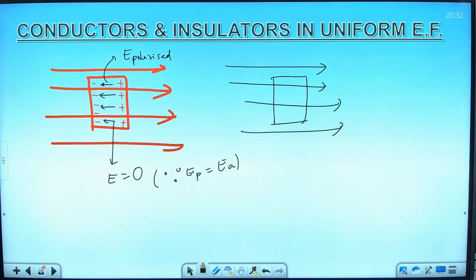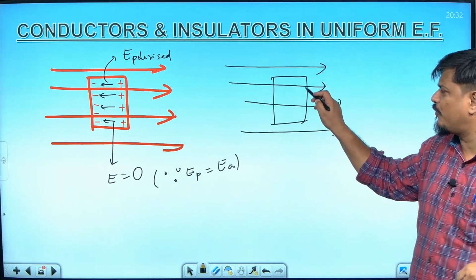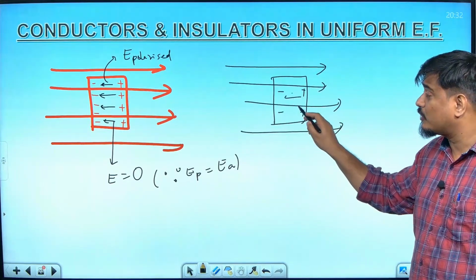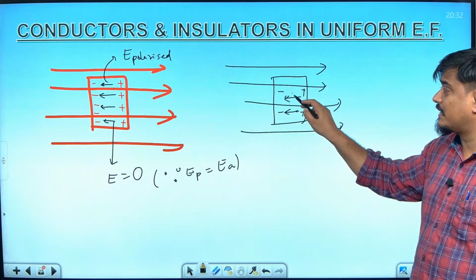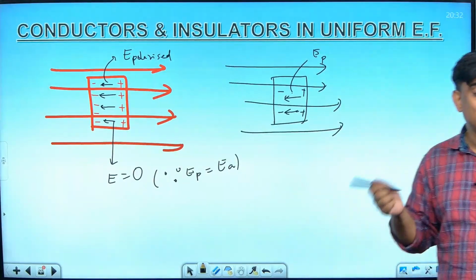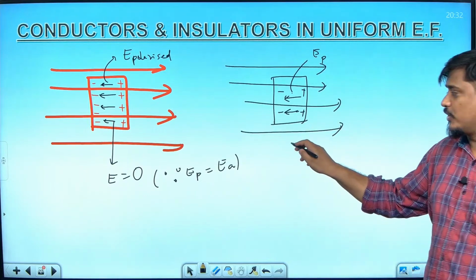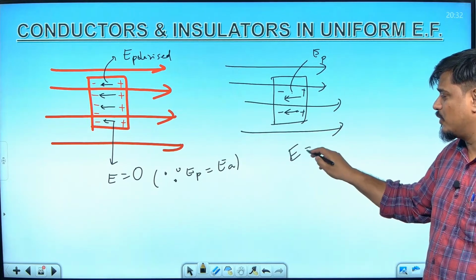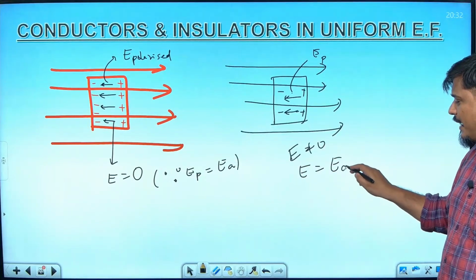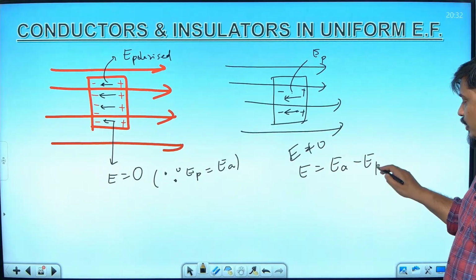It will have fewer charged particles, not 0 charged particles. Fewer means a few positive charges will come here, a few negative will come here. Here also we will have a polarized electric field, but it will not be strong enough to cancel the applied electric field. So, the electric field will not be 0 and its value will become equal to E applied minus E polarized.